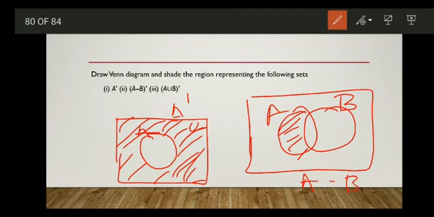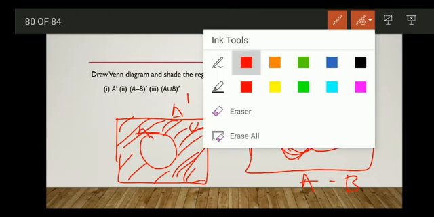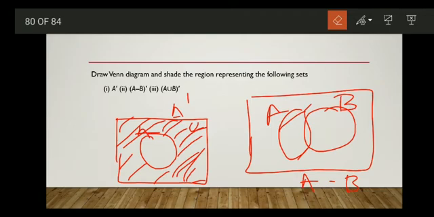So, A difference B complement means elements other than the elements of A difference B, right? So, other than this region, we have to shade the other region. So, how to do that? I will do it.